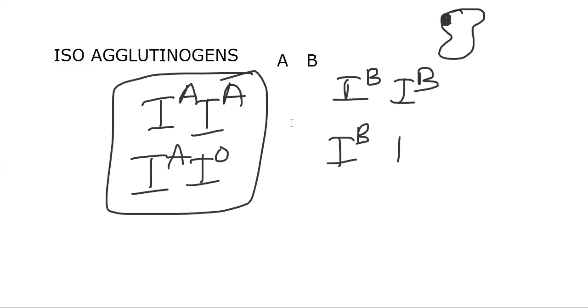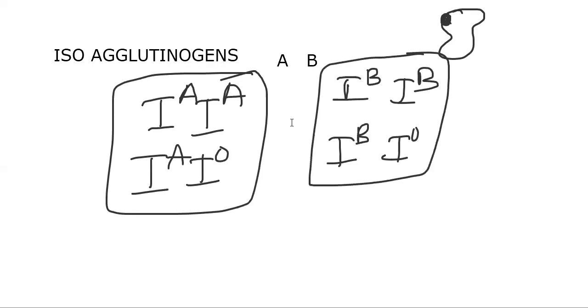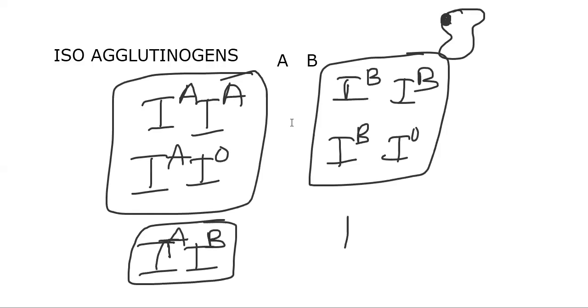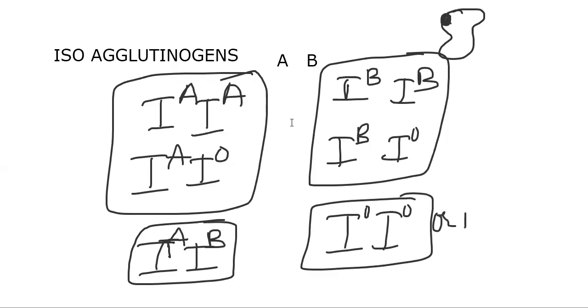Next, B, IB. IO. Next, AB: IA, IB. O blood group can be shown like this: IO or small i, because they're showing a recipient condition.